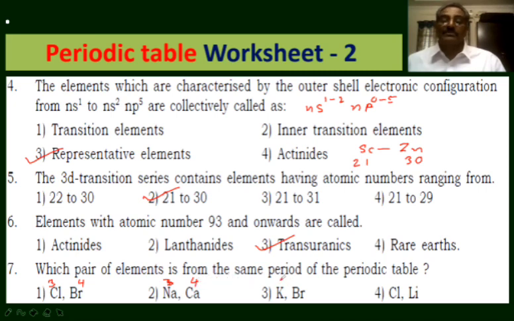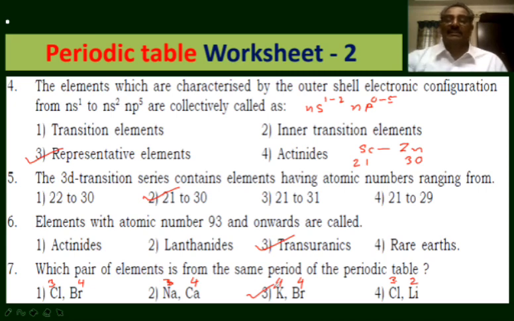Potassium belongs to fourth period and bromine also belongs to fourth period. Chlorine belongs to third period and lithium belongs to second period. So which is the right option here? The pair of elements from the same period of the periodic table, that is, third option is the right option here.